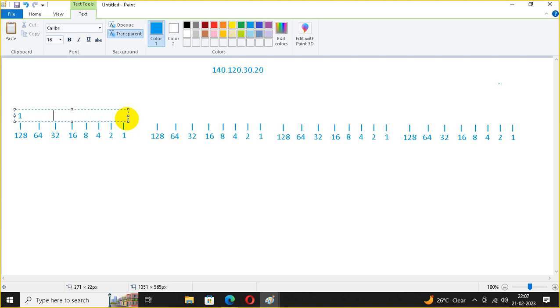Simple addition I'm asking. How do you create 140 from this list? 128, 16, then 4. 120 and 16, how much will it come to? Can you imagine?